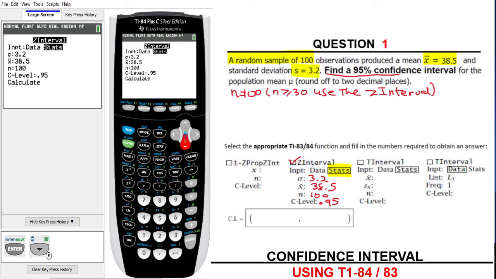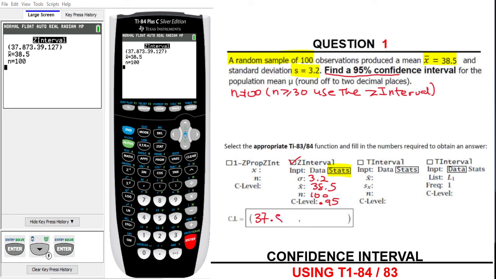So all we're going to do is bring the cursor to calculate and then press enter. When we press enter, it gives us the confidence interval. First we see the lower confidence limit, which is 37.87. They want us to keep two decimal places.